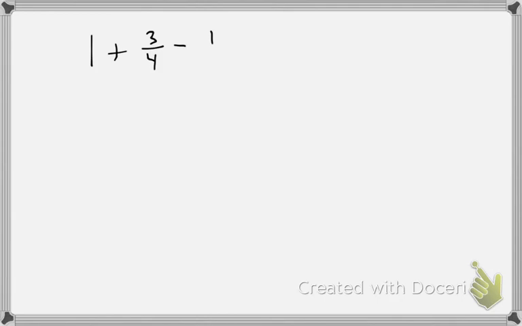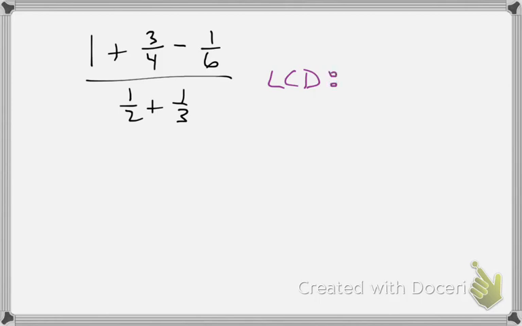1 plus 3/4 minus 1/6 over 1/2 plus 1/3. I'm going to simplify this complex fraction. What is my LCD? Well, 4 won't go into 6. So that's a nice try, but it wasn't quite there. 2.